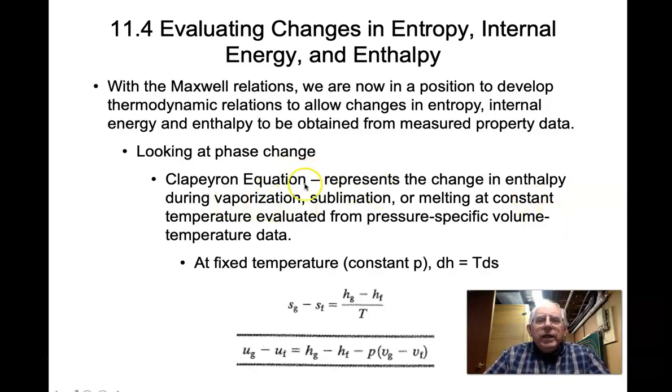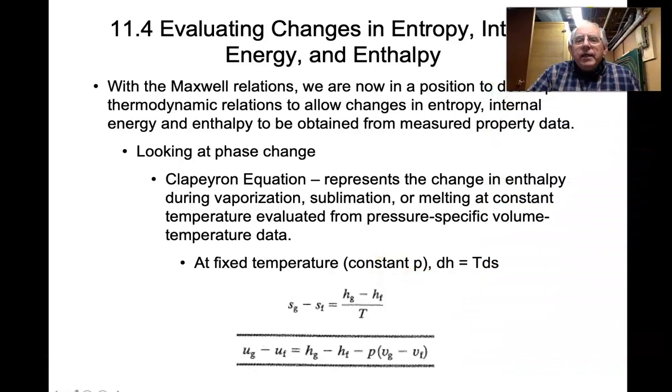And we can then use this equation and evaluate from pressure, specific volume, temperature data the resultant change in that enthalpy process. And so what we can say is that at a fixed temperature, which would also be at a constant temperature, we know that the change in enthalpy is simply equal to T dS.